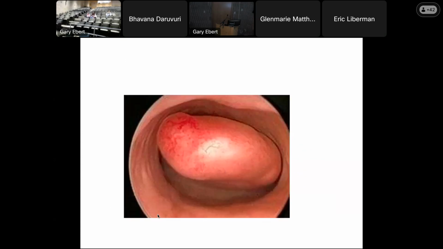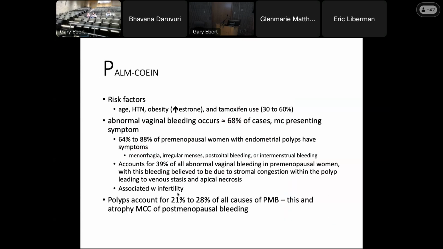This is a hysteroscopic view of a polyp. It's clearly visible. If you don't do the procedure on day 5 to 9 or do the progesterone withdrawal, sometimes it's difficult to see individual polyps, and you may miss these and confuse them with secretory or proliferative endometrium.